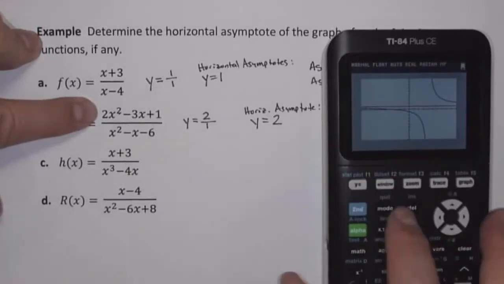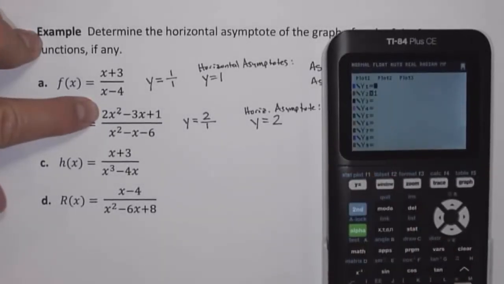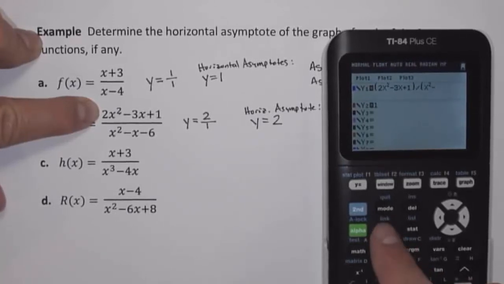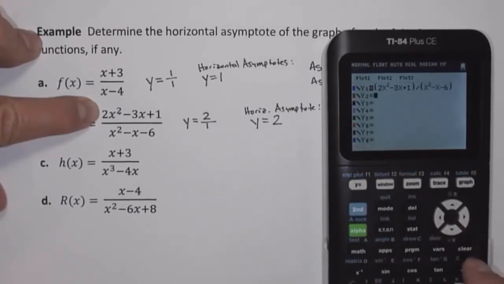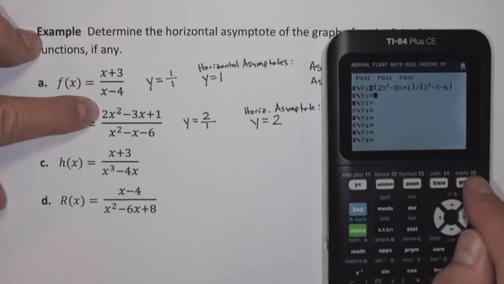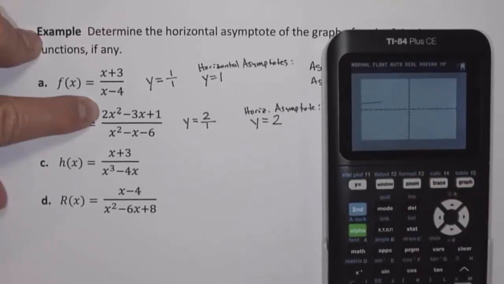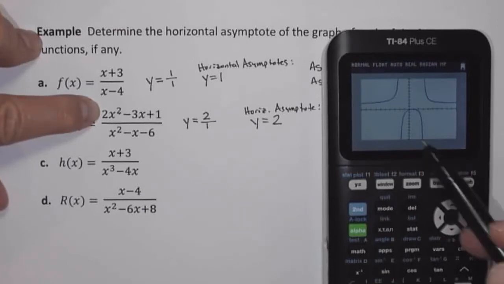So if I bring back in my calculator here, let's just examine that. We have 2x squared minus 3x plus 1 in parentheses divided by parentheses x squared minus x minus 6. And if I graph that, can you see the horizontal asymptote?